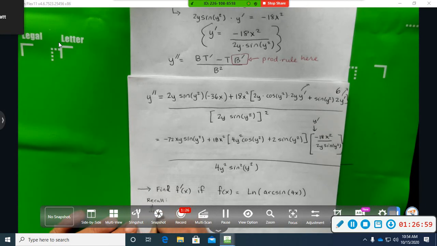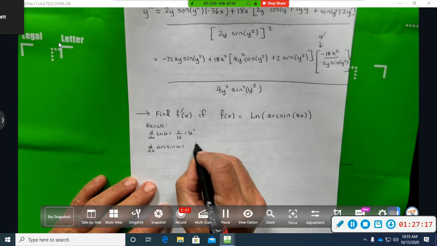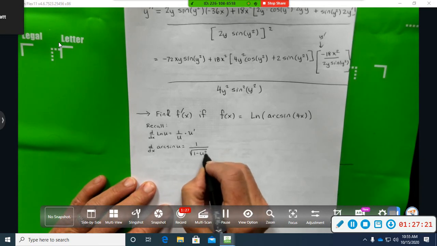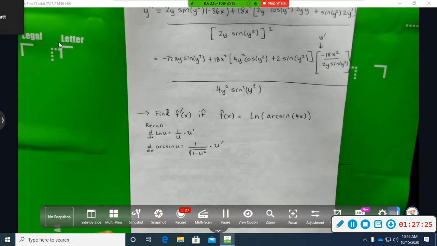Derivative of the natural log of u is 1 over u times u prime, and the derivative with respect to x of the arc sine of u. Who's going to tell me the formula for the derivative of the arc sine of u? Okay. I wrote it like that in class, but you can squeeze that u prime on top.